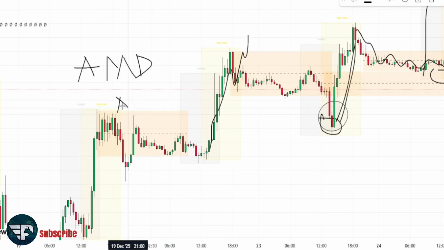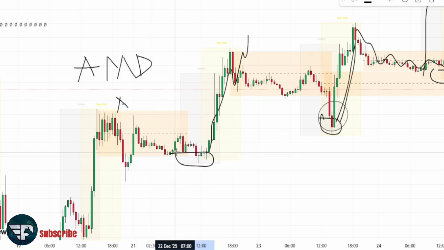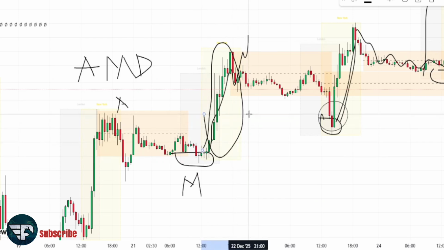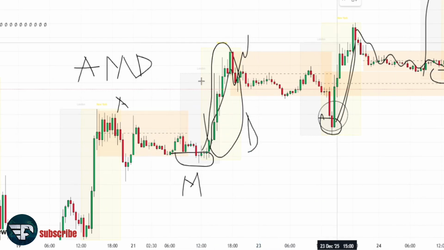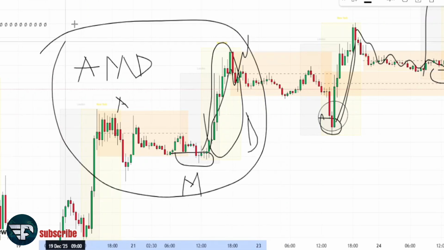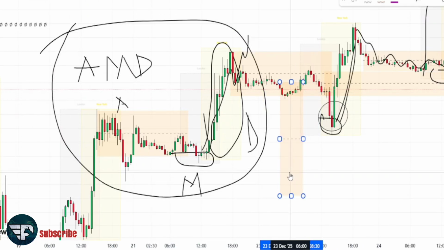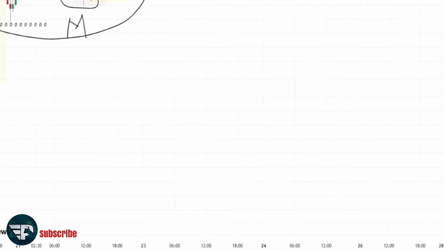This is A. You can see London time, we have manipulation down here. This is M. And then New York time, we have this distribution here to the upside. This is D. So this whole thing here will form the one day candle that we are looking for. Okay, so that is how it is.